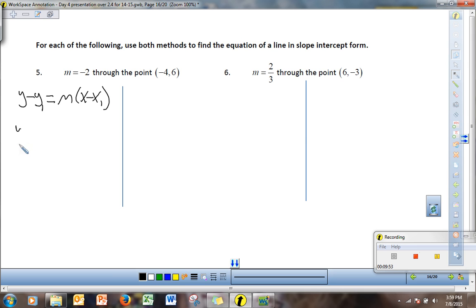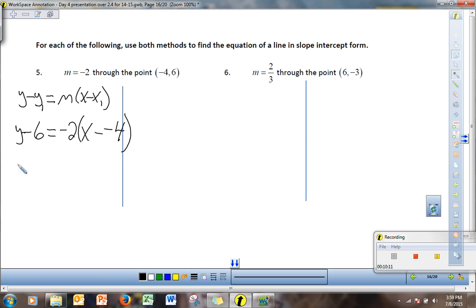I'm going to go y minus. Now come over here and look at your y value. It's 6. So I've got y minus 6 equal my slope, which is negative 2, x minus, and look at your x value, it's negative 4.